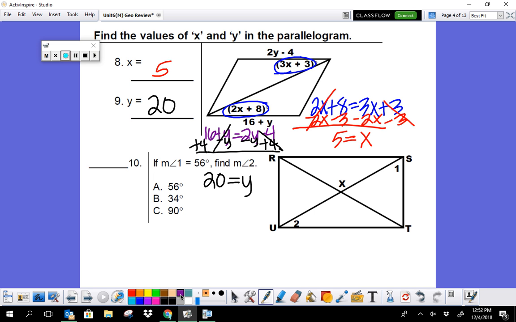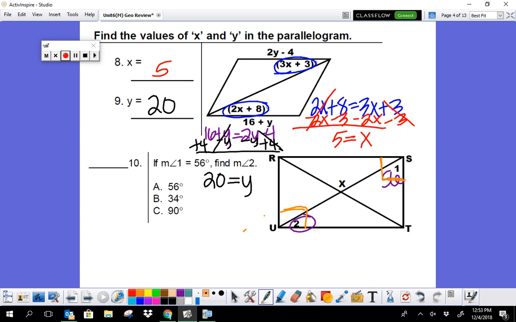Okay, number 10. The measure of angle 1 is 56. Find the measure of angle 2. Okay, so this right here, it's saying is a parallelogram, okay, which means, okay, real quick, this needs to say that this is actually a rectangle because they're hoping you know that this is a right angle.